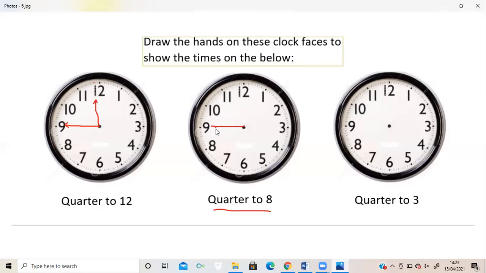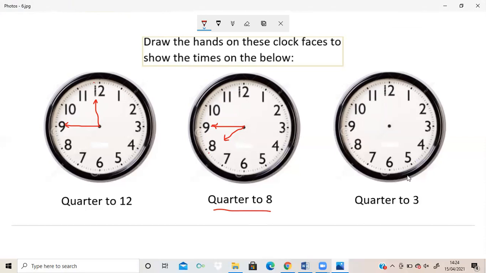And the hour hand should be just before 8. I mean, just draw a point here and draw another point here, then you can join. The hour hand. So this time is 7:45.